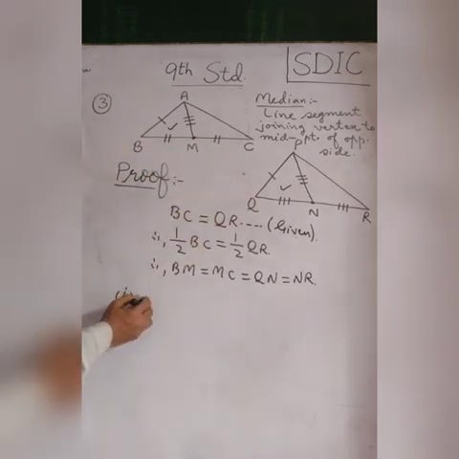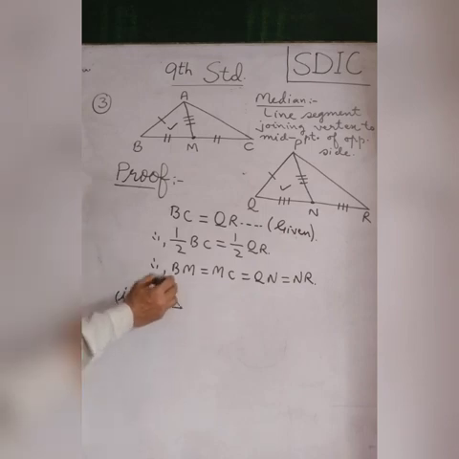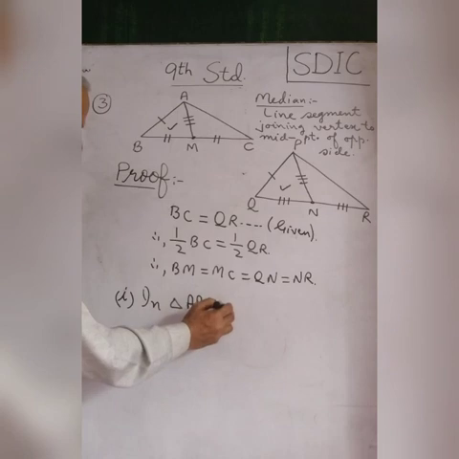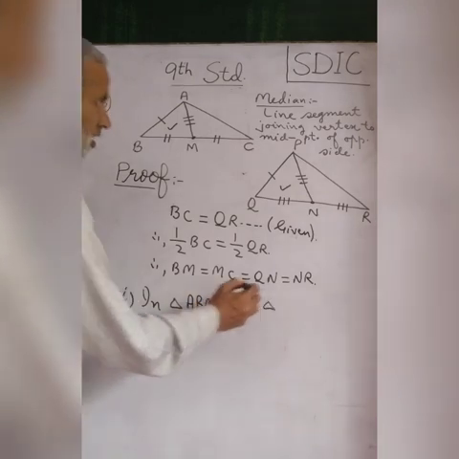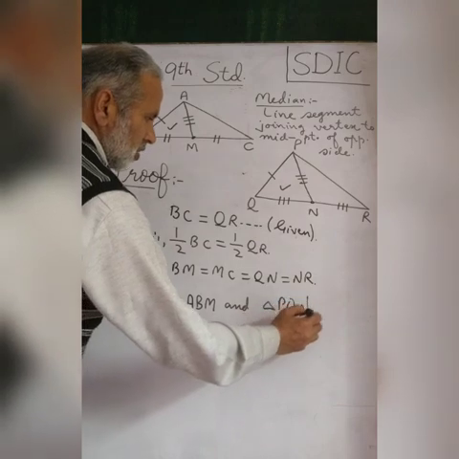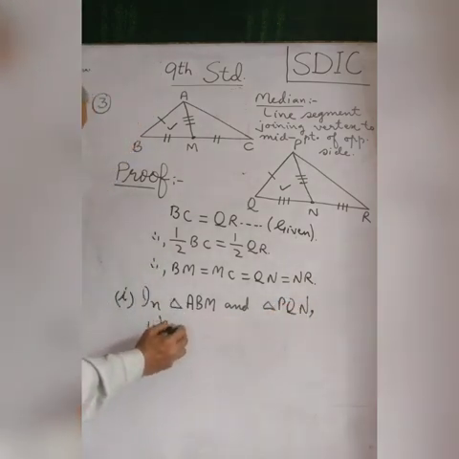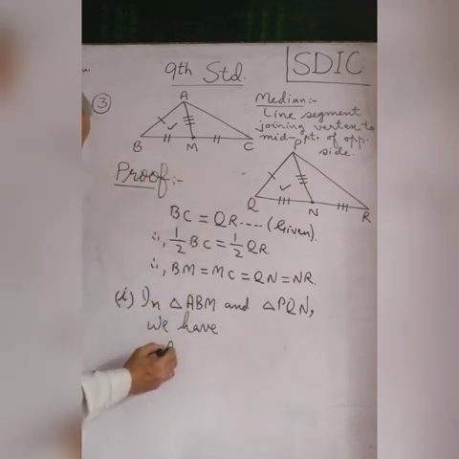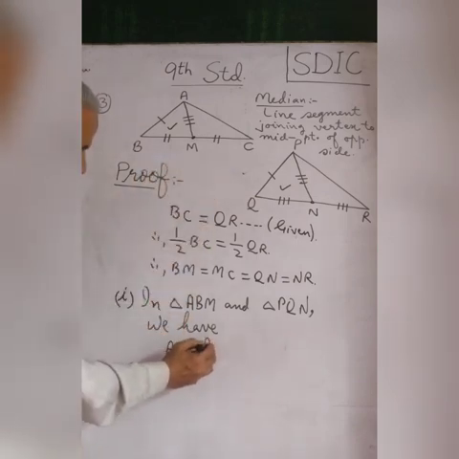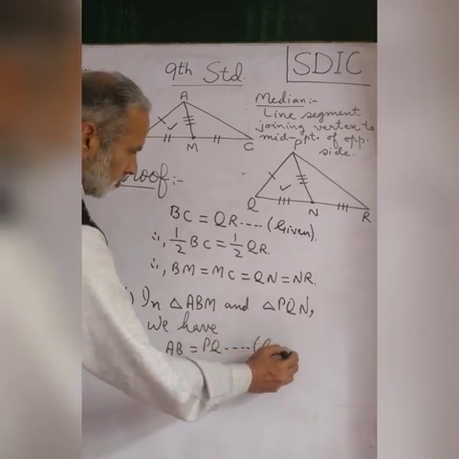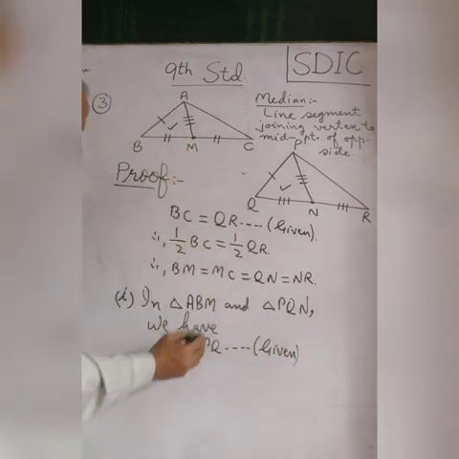So let us prove it. In triangle ABM and triangle PQN, we have AB equal to PQ. Put the reason: given. Then AM is equal to PN.